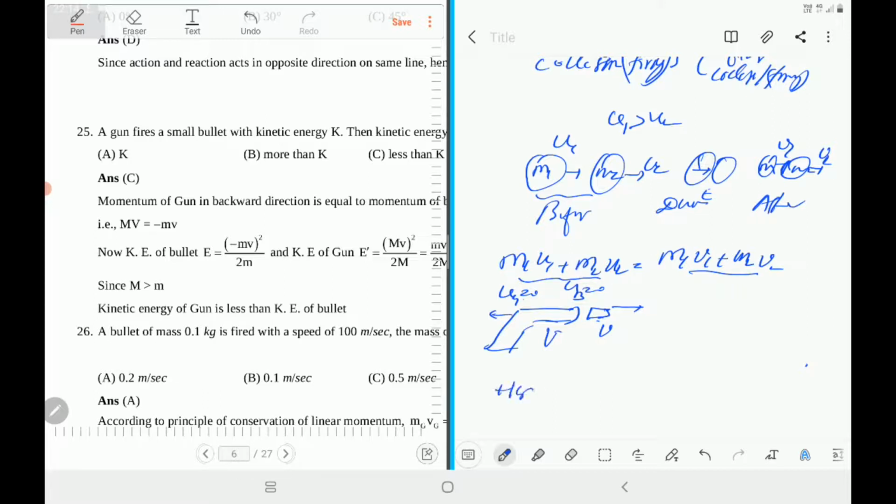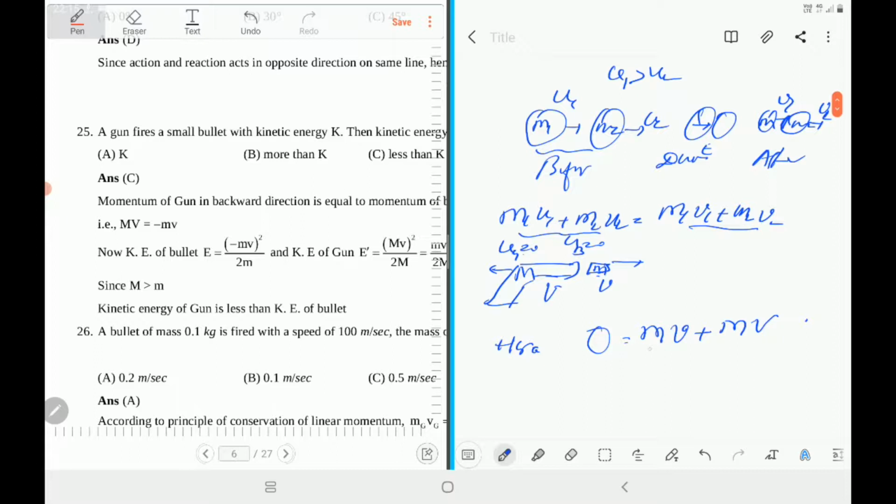Here, therefore, you can write initial velocity is 0, so initial momentum is 0. That is equal to, let us suppose, mass of gun capital M, mass of bullet small m. That's why it's capital M. For the bullet you write first of all small m small v plus capital M capital V. Now you transfer one term to the left side.